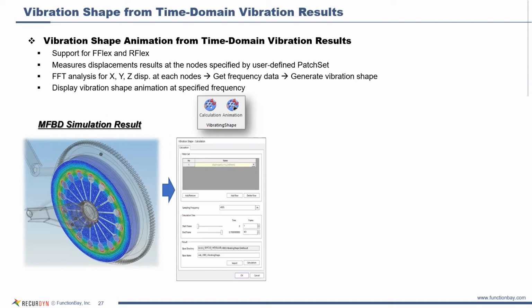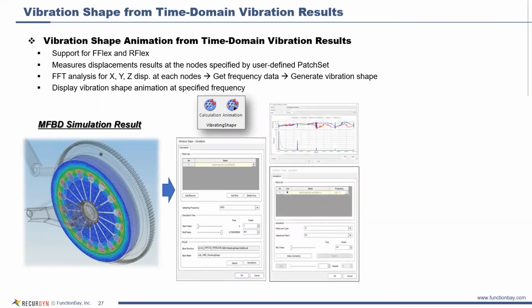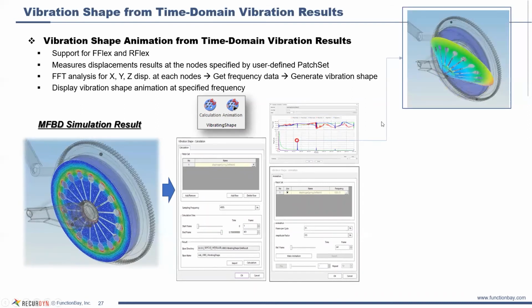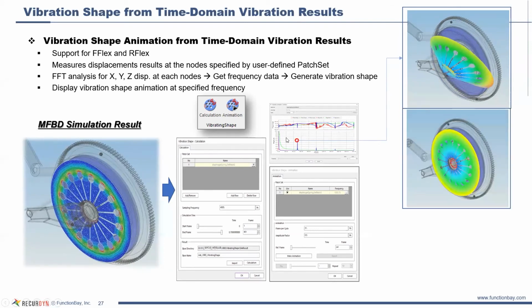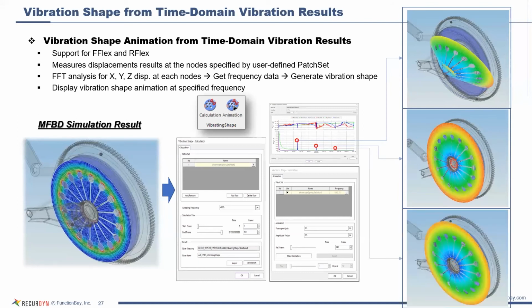Once the post-analysis is complete, the results will look something like this, where you can view the results of the FFT analysis and identify your different peaks. This first peak is one of the main modes, and then you can identify the other modes.